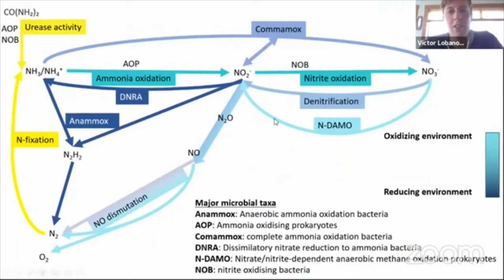Switching to nitrogen now, I really like this graphic because it shows how many different pathways nitrogen has to become more oxidized or more reduced, and the different kinds of microbial communities and how they relate to each of those steps. So it's not just ammonia, nitrite, nitrate, unfortunately, or maybe fortunately.